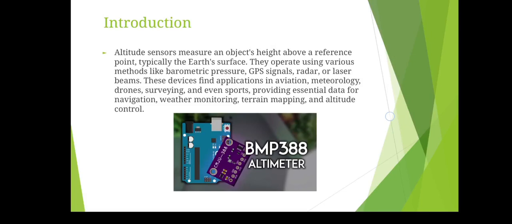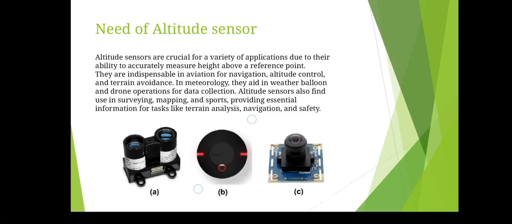Our next point is the need of altitude sensors. Altitude sensors are crucial for a variety of applications due to their ability to accurately measure height above a reference point. They are indispensable in aviation for navigation, altitude control, and terrain avoidance.